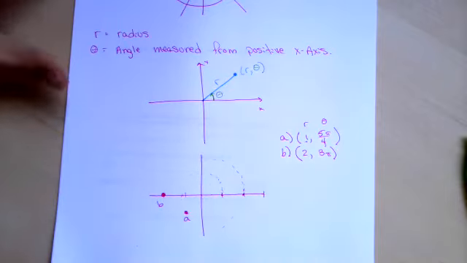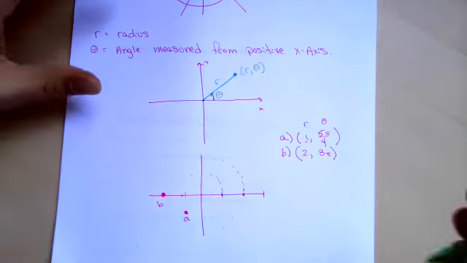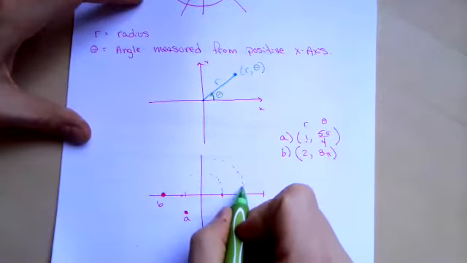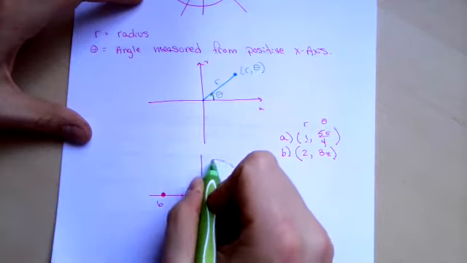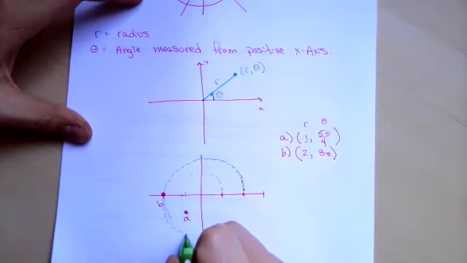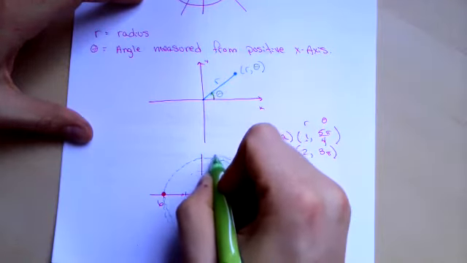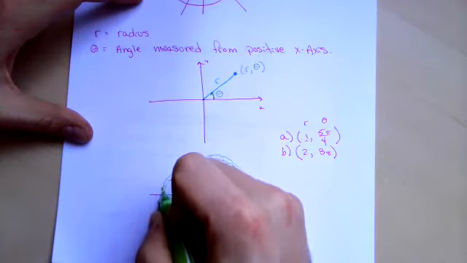So B just ends up there. We can draw that out, let's use some color. And of course it's going to trace around a second time and then end up there.